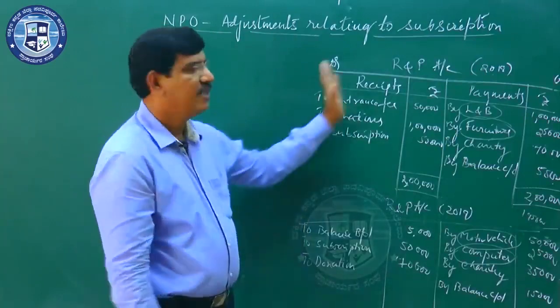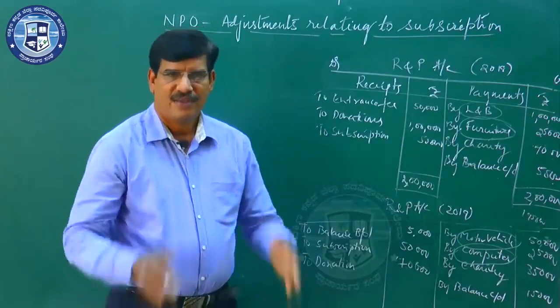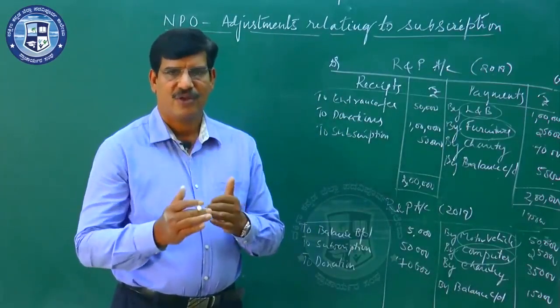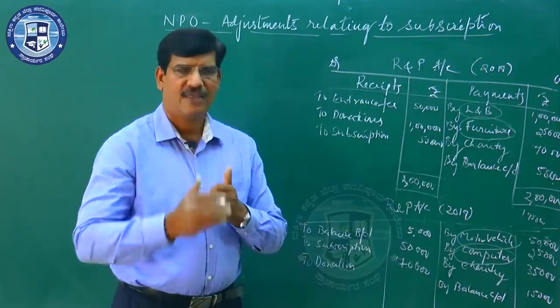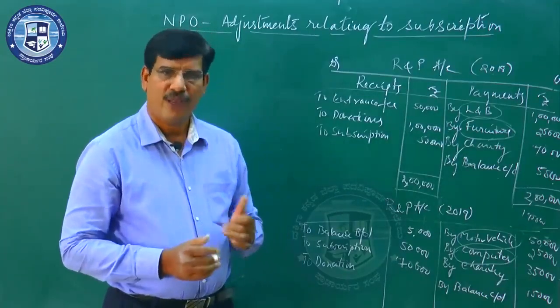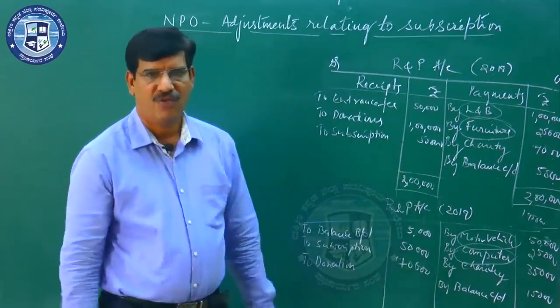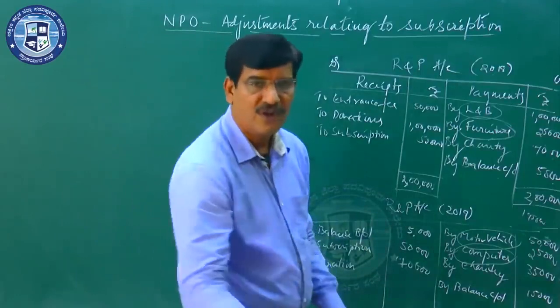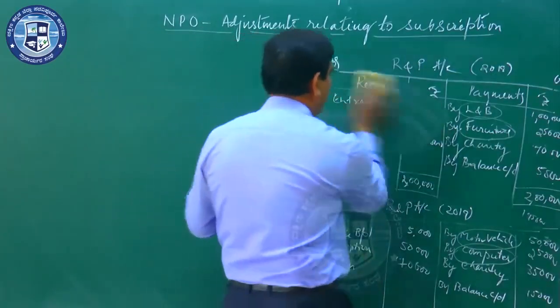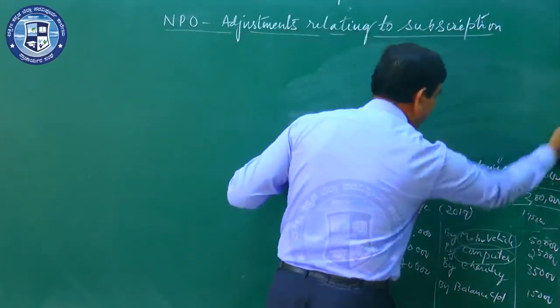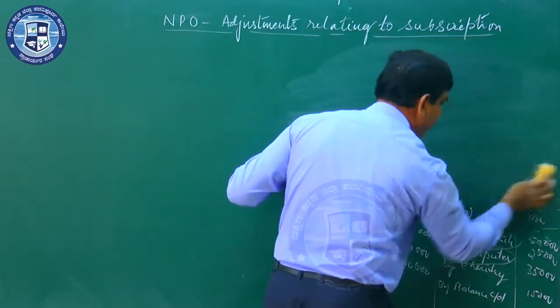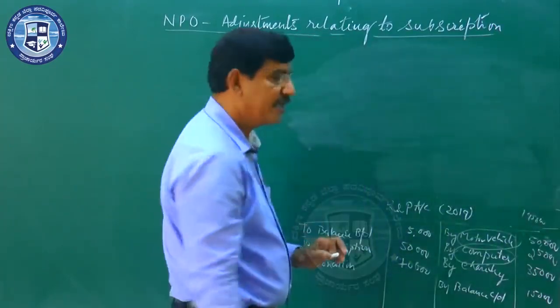So these informations are available, but in the textbook or in the examination, you may not get the receipts and payments account of 2 or 3 years. You are preparing the receipts and payments account for one particular accounting period only. So this statement will not be given in the examination.